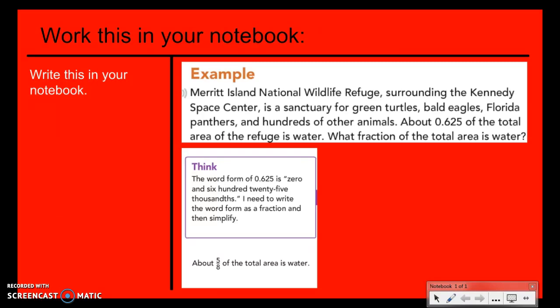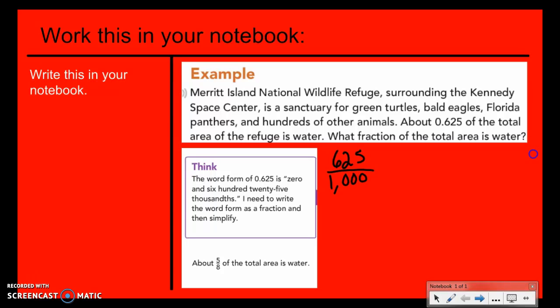What fraction of the total area is water? So what you're going to do here is turn 0.625 into a fraction. So this is what it's going to look like. You will have 625 thousandths.